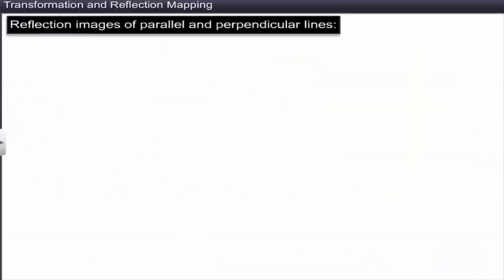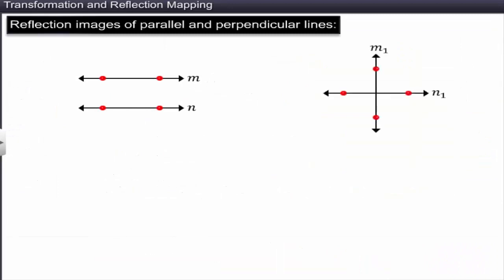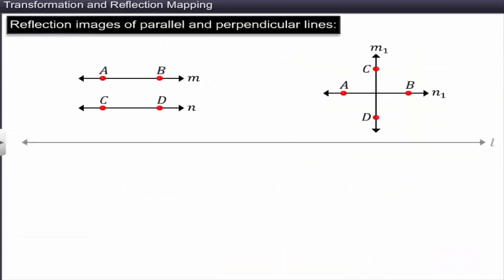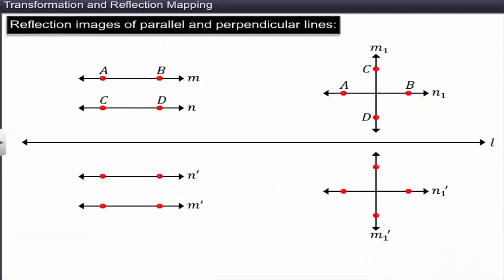Now, let us find the reflection images of parallel and perpendicular lines in a line L. Consider lines M and N parallel to each other and lines M1 and N1 perpendicular to each other. You saw just now that the reflection image of a line is a line itself that lies on the opposite side of the reflection line.